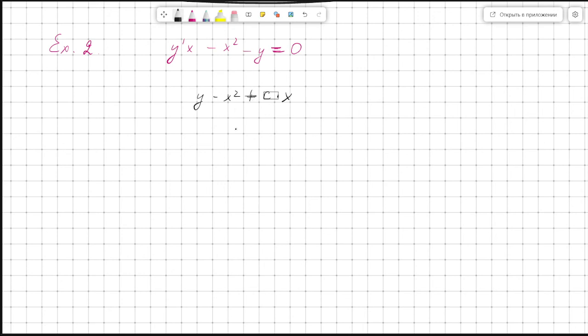Indeed, differentiating the function y is x squared plus cx, we find y prime equals the derivative of x squared, which is 2x, plus the derivative of c times x, which is c.